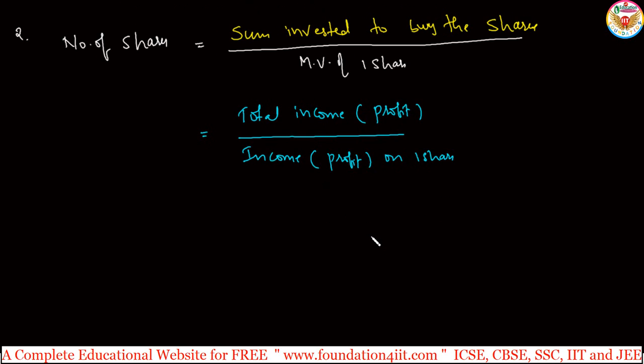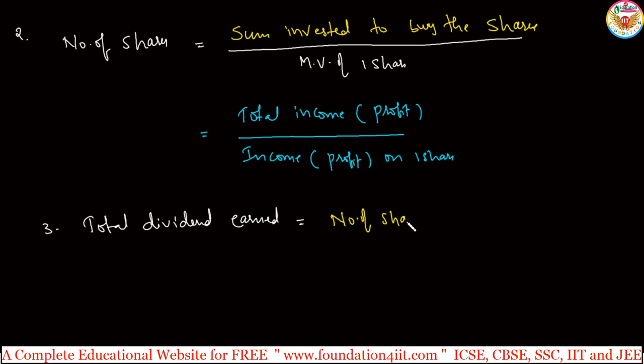Let us see the problems in this. These are the two we can apply. If the investment or income is given, we can apply this to find out the number of shares. And total dividend earned, that is nothing but the profit. To calculate this, you have to take number of shares, because the total profit depends on the shares.